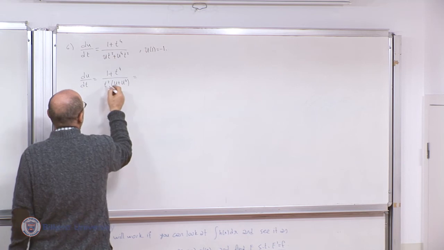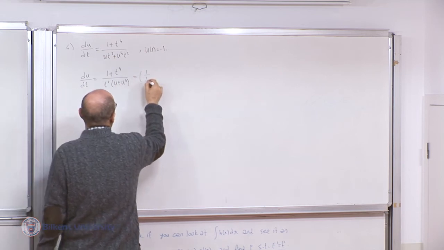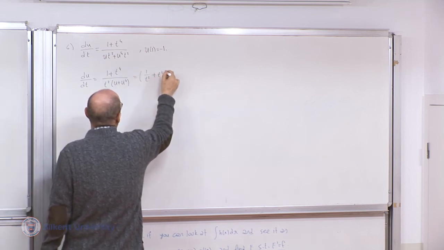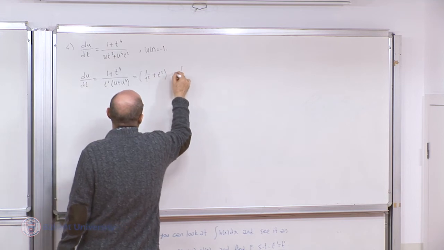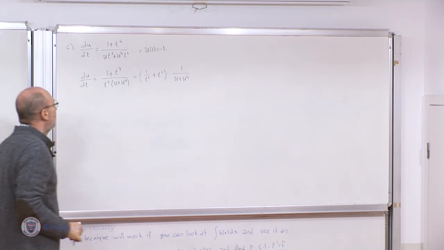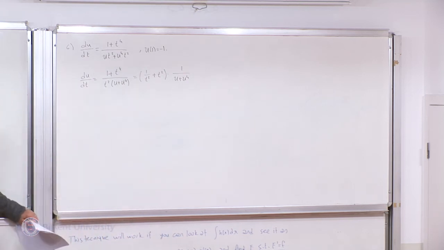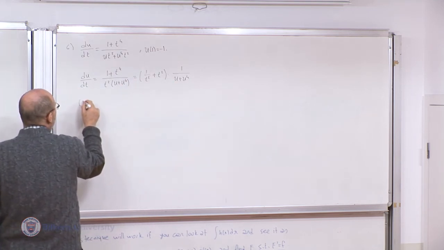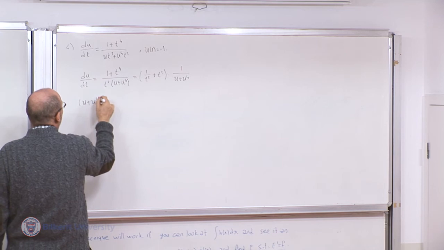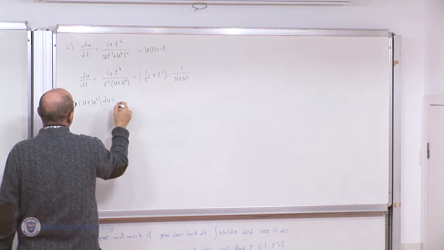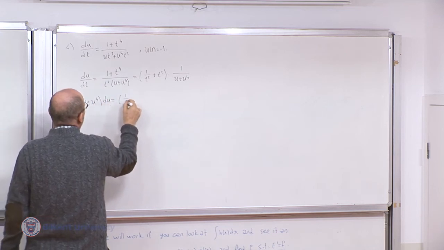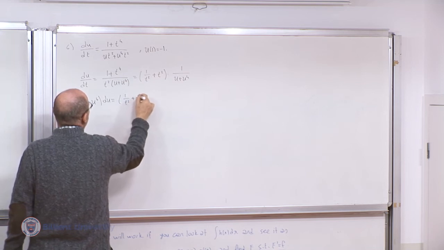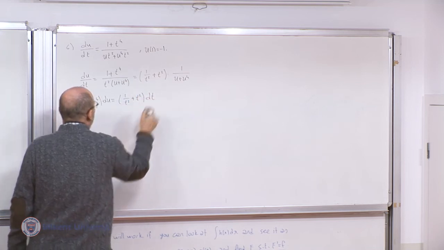I'm dividing this by t squared, so this is (1 over t squared plus t squared) times 1 over (u plus u to the 4). Okay, now it is a nice separable equation. I take it to the other side. I'll have (u plus u to the 4) du is equal to (1 over t squared plus t squared) dt.